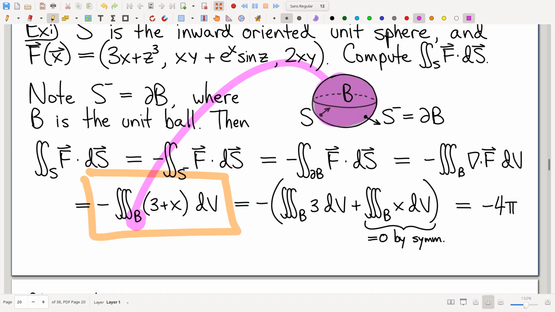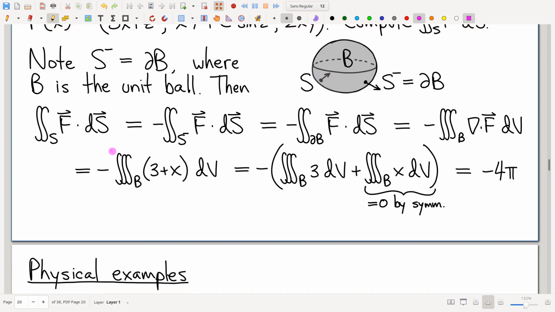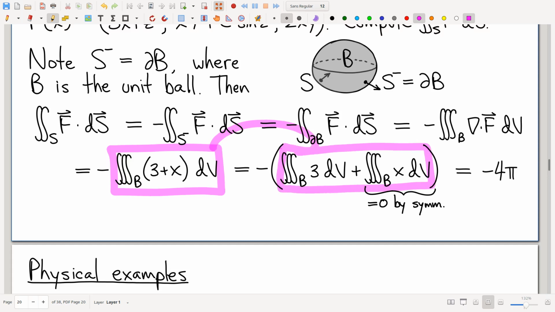Now, I like to show you slick examples where stuff works out great when you use the right tool. So I deliberately set this up in such a way that good things would happen, as they sometimes do, when you break this integral up into two separate integrals.